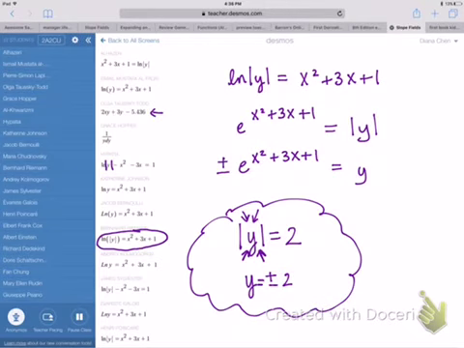Notice that I went from absolute value of y to positive y over here, and over here I went from 2 to plus or minus 2. Just like here, I went from e to the x squared plus 3x plus 1 to plus or minus e to the x squared plus 3x plus 1. So I wanted to point that out to you so that you would see why we put the plus or minus.